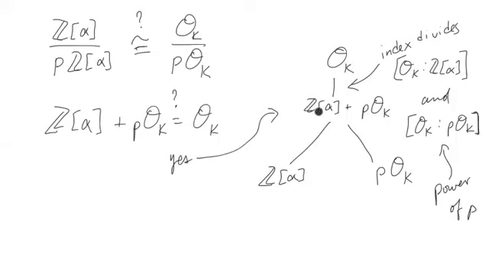So wait a minute. The index in here has to divide this one and this one. This one doesn't have any p's in it, and this one is only a power of p. And so the only option is for this index to be 1, which means these two are the same. Since these two are the same, that guarantees this isomorphism.